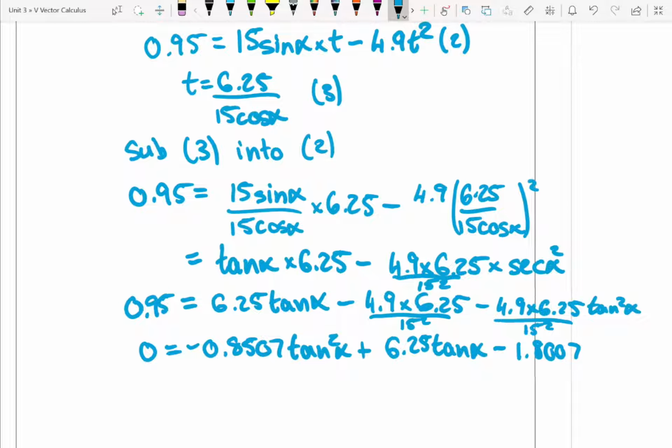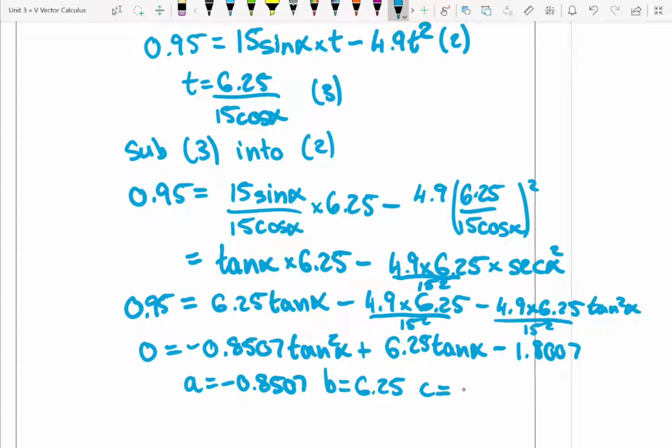Okay, whilst trying to put this off camera, I realized that I missed out this 15 squared there. So that 15 squared is going to be carried throughout there. And what we're going to get is 0.8507 as our A term, so negative 0.8507. Our B term is positive 6.25.